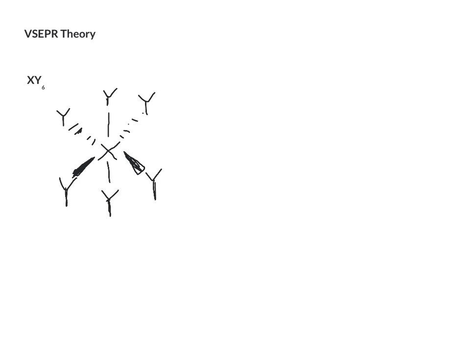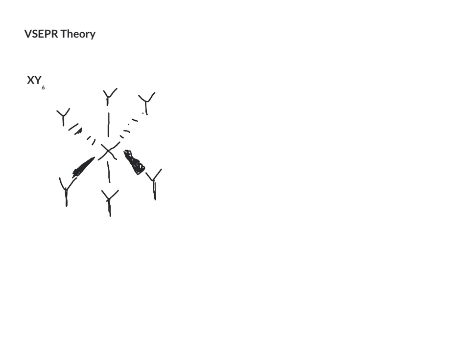To draw it, two wedges coming out at your eye, and two dashes going back into the plane of the screen.